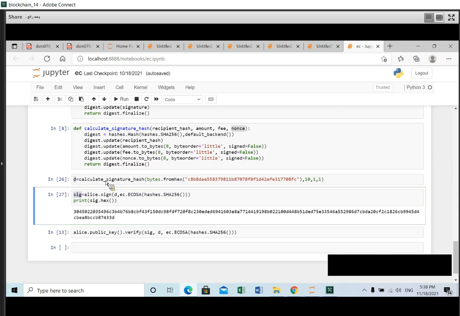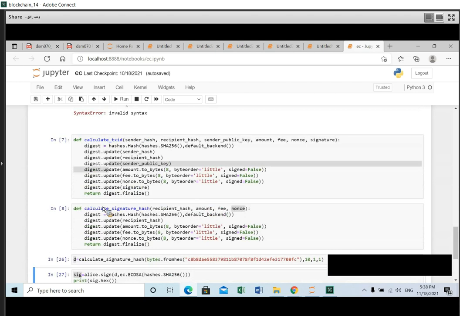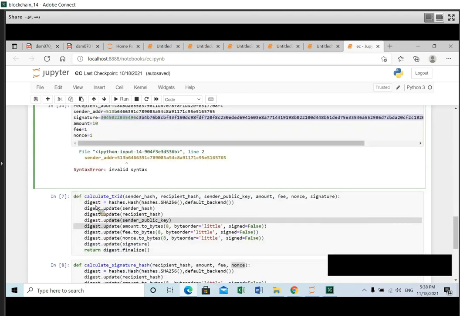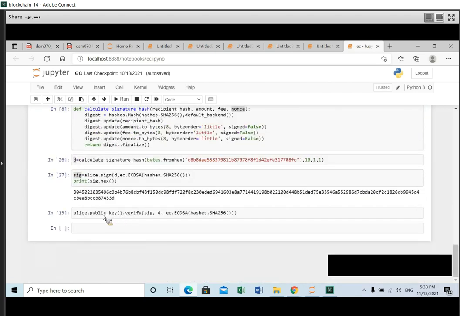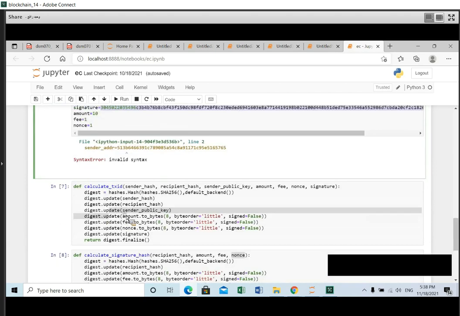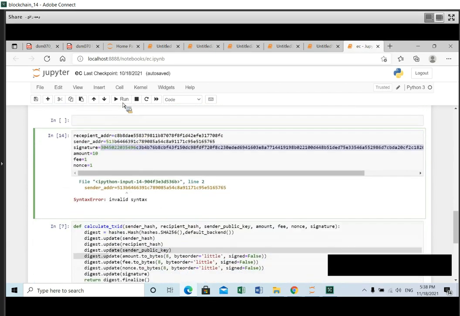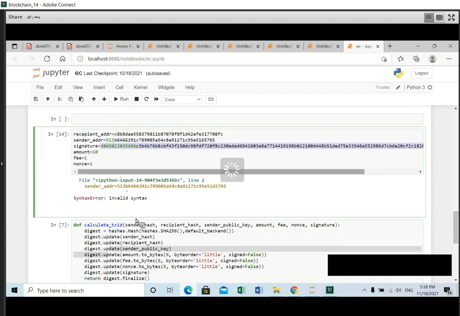Now, Alice sends this transaction through its neighbors, its peers. Every peer, simply using Alice's public key, this is Alice's public key, can verify whether everything is okay or not. There is no error, so everything is okay.